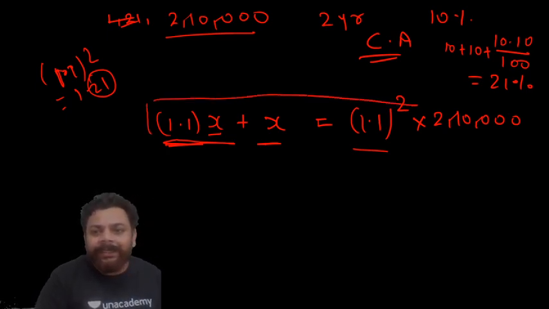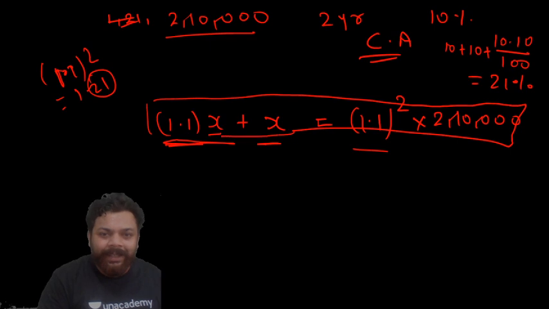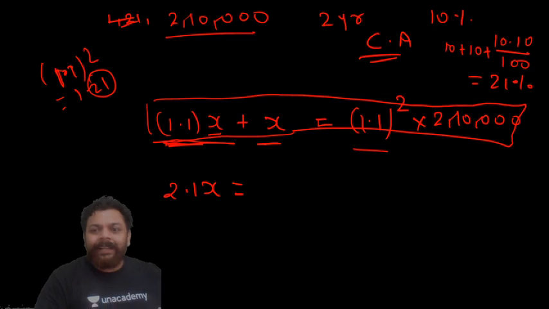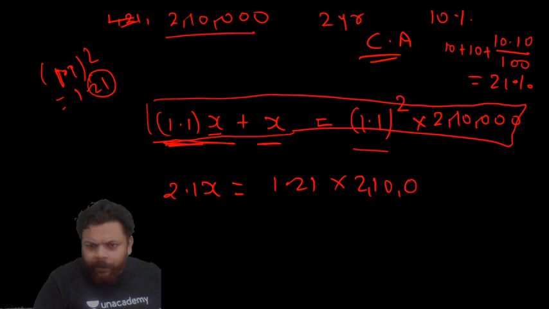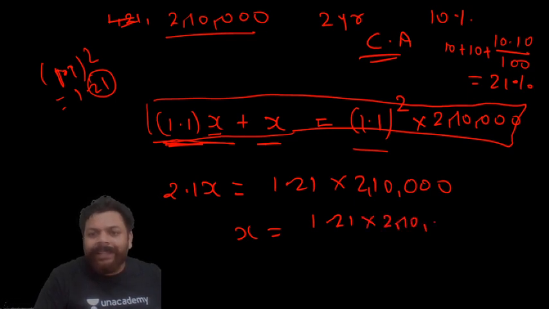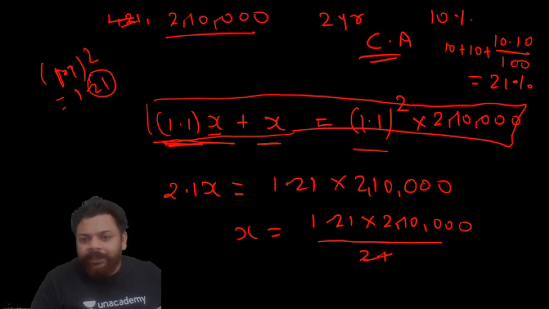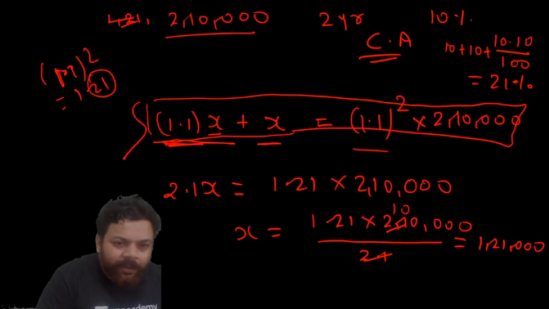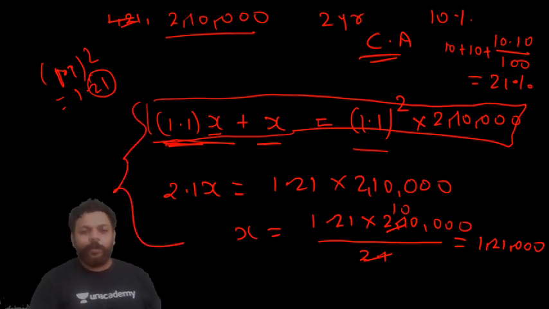And if I use this, I can write this as 2.1x equals 1.21 multiplied with 2 lakh 10,000, and the value of x will be 1.21 multiplied with 2 lakh 10,000 divided by 2.1, and by solving this one you will definitely get the answer as 1,21,000. So this is how you can solve this by the shortfall approach.